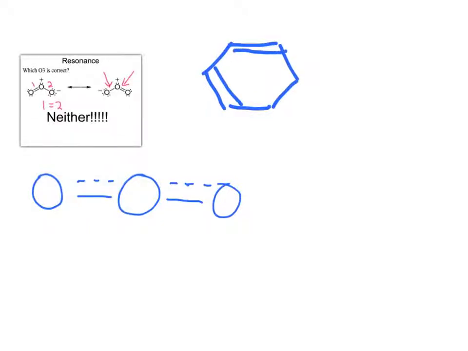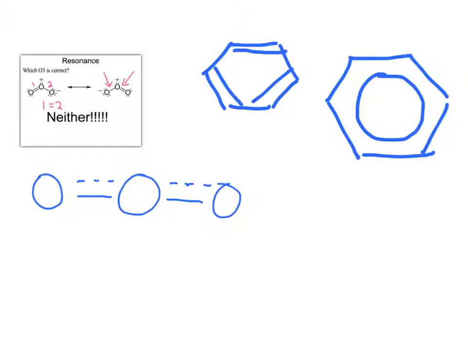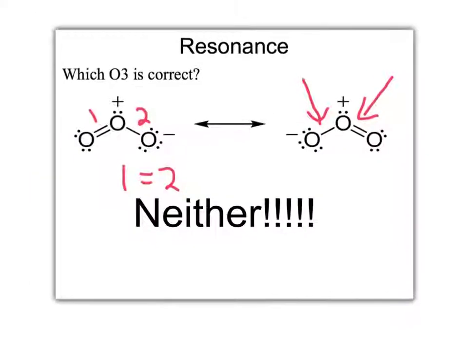But instead of showing alternating double and single bonds, we often show that by drawing a circle through there to show that all of these bonds around here are actually the same. Not too pertinent for our class, but I just wanted to give you a little heads up about that.